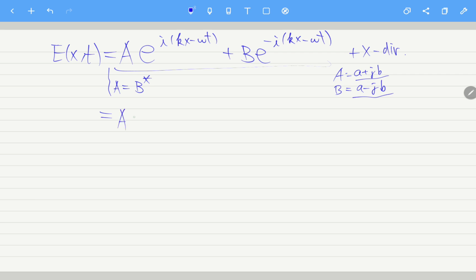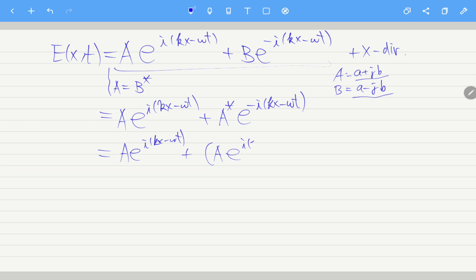So here we have A exponential to i(kx minus omega t), plus A complex conjugate exponential to negative i(kx minus omega t). So actually this is A exponential to i(kx minus omega t) plus the whole thing's complex conjugate.